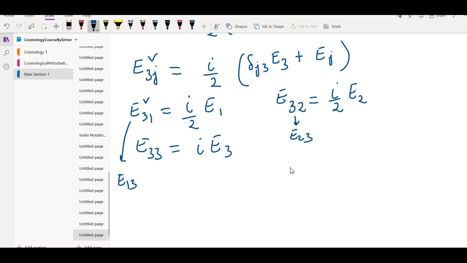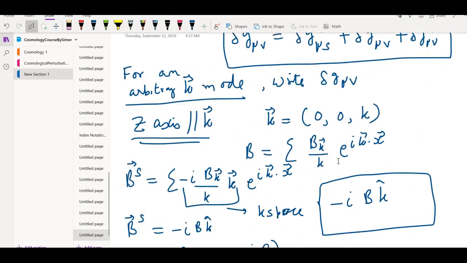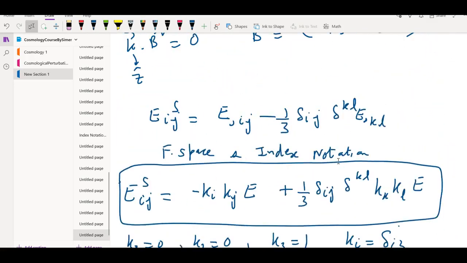Another thing we would like to see is, let us apply the constraint here. When we apply the constraint on vector E, so we have this constraint, del dot EV is equal to 0.